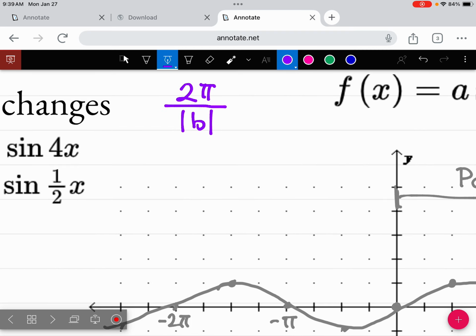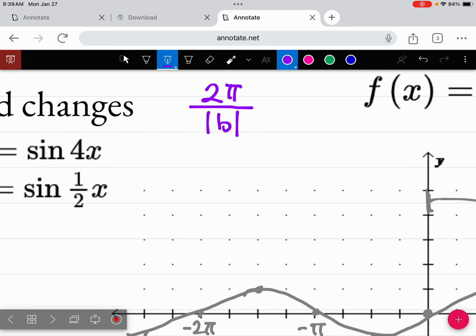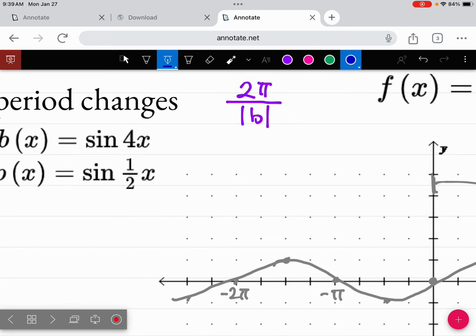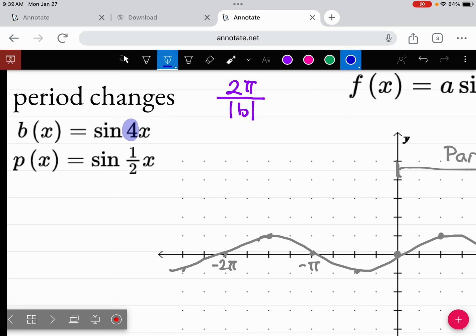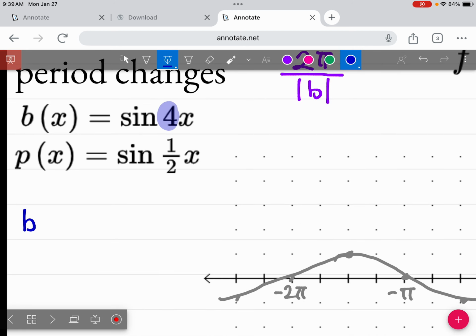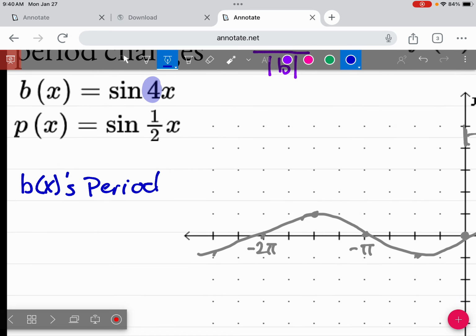Some of them are going to shorten the period, some of them are going to lengthen the period. So if we look at our B of x over here, which I will do in blue, B of x's period: we're going to take our 2 pi and divide it by 4.